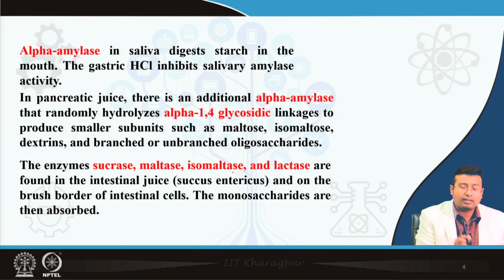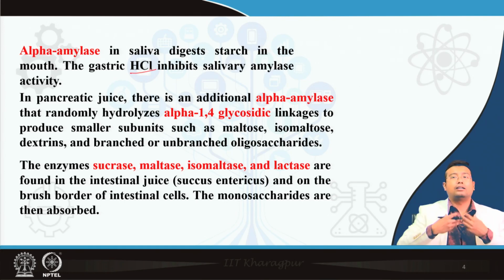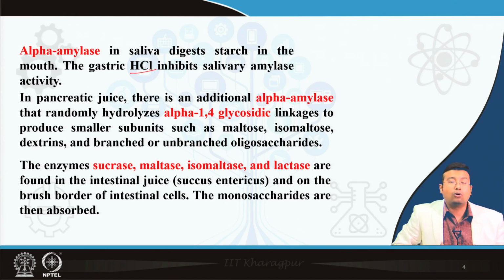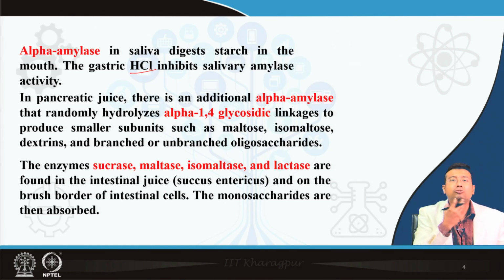However, one very important thing to notice, gastric HCl, you might be aware that in our stomach the pH is very low because of the presence of gastric acid. This inhibits salivary amylase. What is the importance? The importance is when the food is in our mouth and we are chewing it a lot, the alpha amylase is already digesting, because once we swallow it, it goes into the stomach, and the action of alpha amylase will be inhibited.